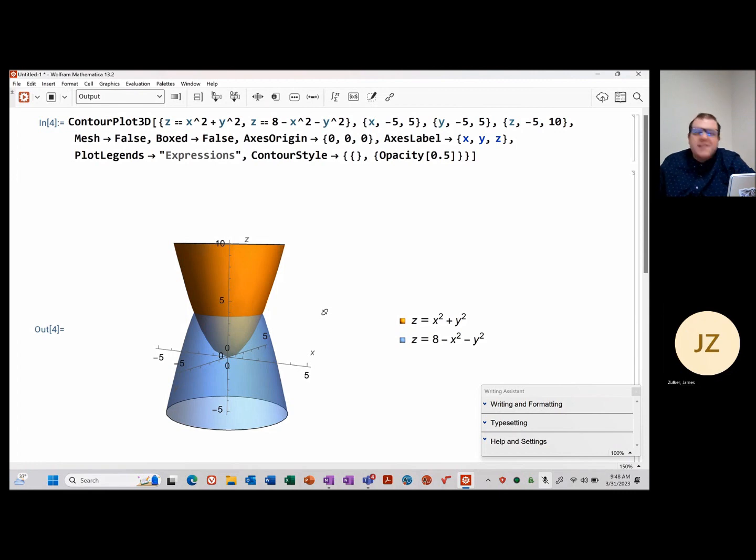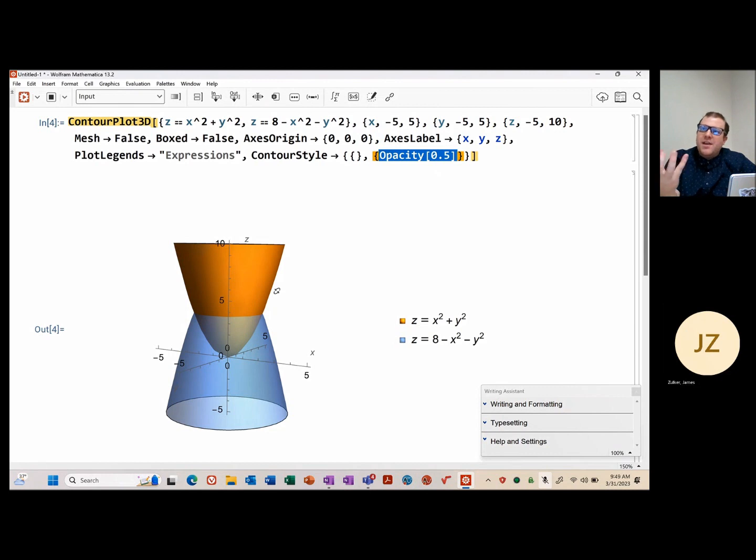I'm not going to rechange the opacity because I want to be able to see through everything. Why is it not the upper part too? Because that's not enclosed by the blue. It has to be enclosed by both paraboloids. Oh, wait. It might be enclosed by the blue, but not the orange. Notice the orange is now outside of the blue.